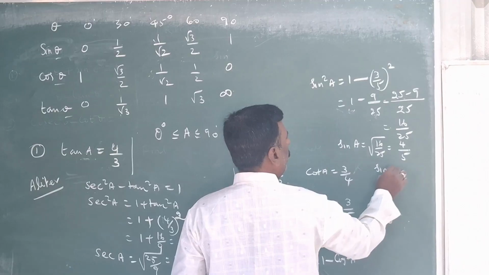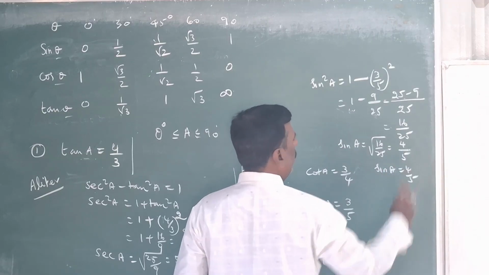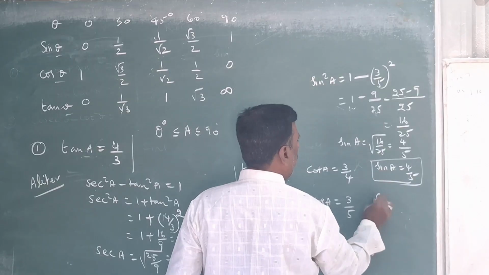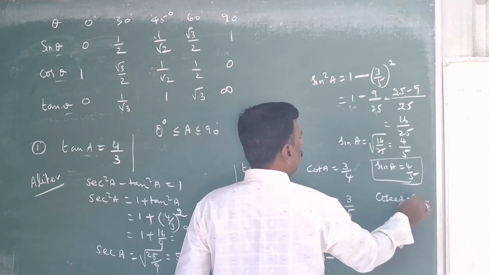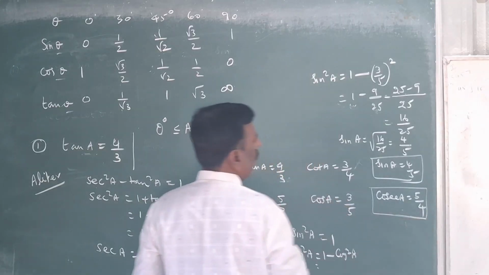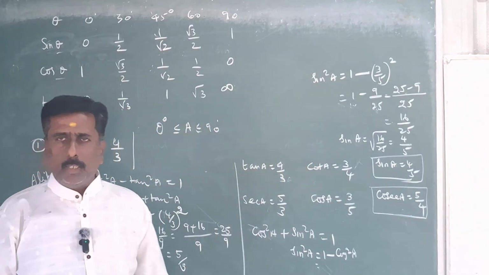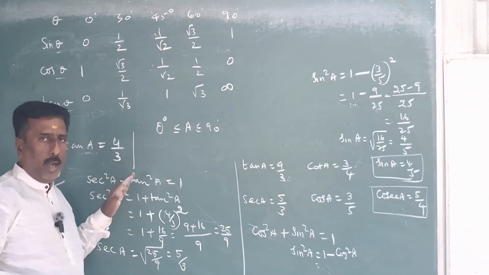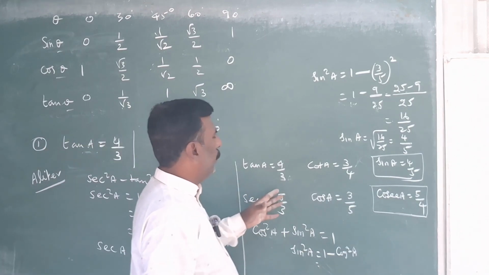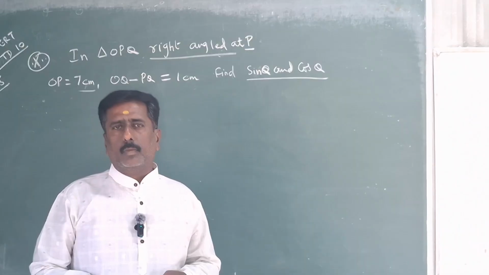Therefore, the value of sin A equal to 4 by 5. We found sin A. Then the reciprocal of sin A is cosecant A, which is equal to 5 by 4. This is a much easier method compared to the previous one because we are using the identity. Using the identity formula, we can do the problem very easily.